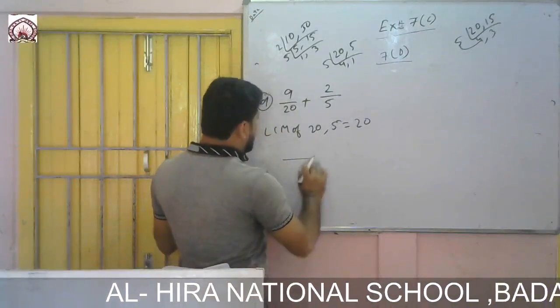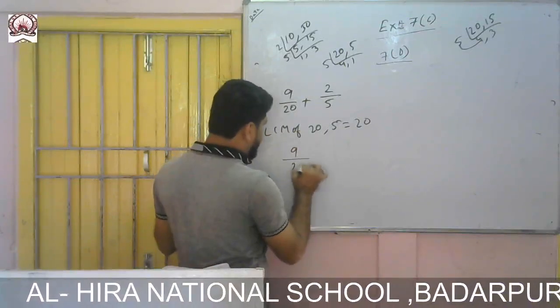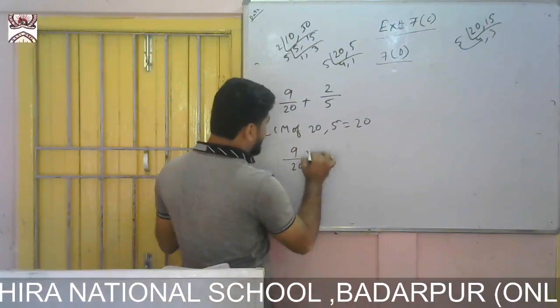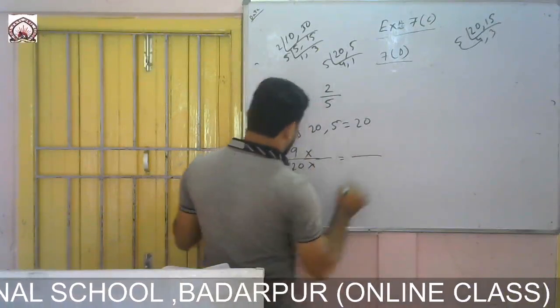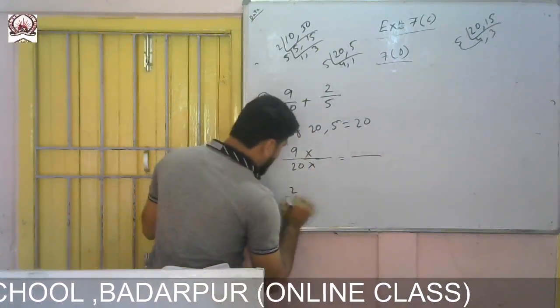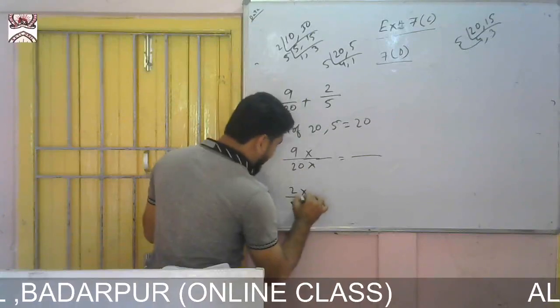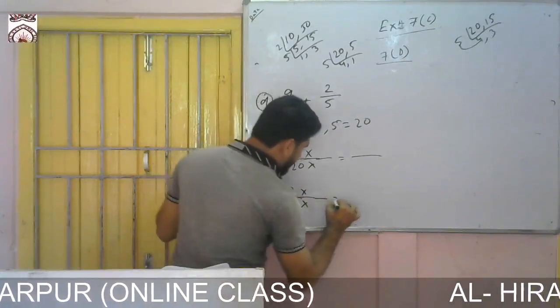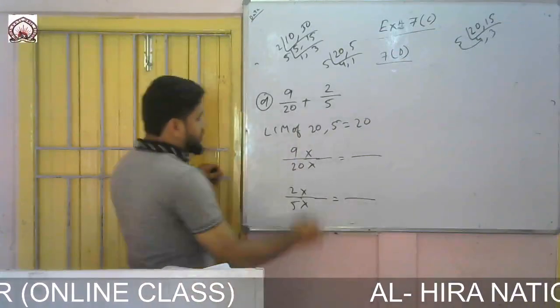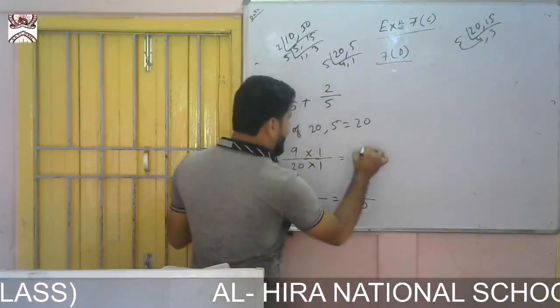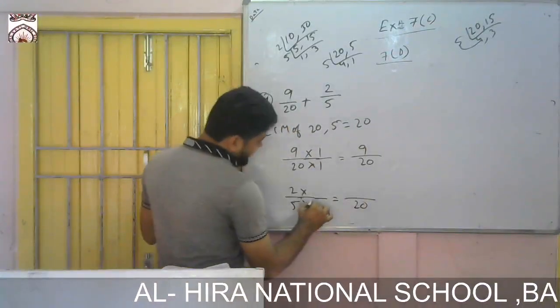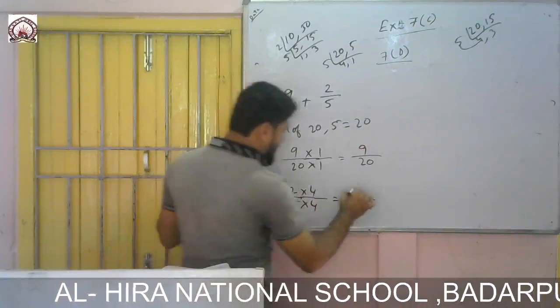Therefore I write the fraction 9 by 20 and 2 by 5. Okay, so 20 1s are 20, so 9 1s are 9. 5 4s are 20, 4 2s are 8.